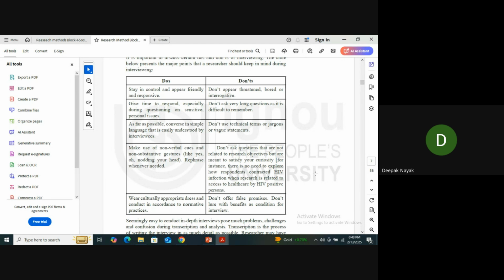Then you should give adequate time to respond, especially on sensitive personal issues. You cannot hurry. There are researchers who usually get in a hurry to complete their work within a limited time, due to fund crunch or lack of financial support.